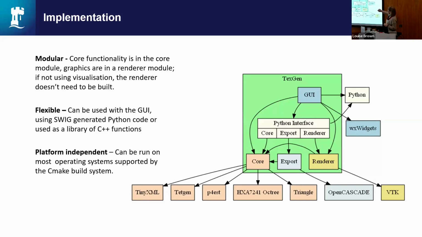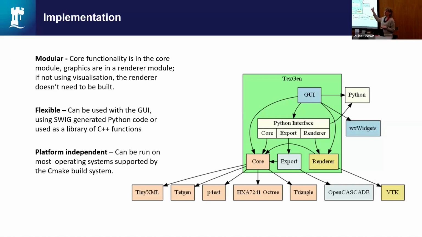The user interface is wxWidgets, and it uses various libraries for things like some of the meshing. The load and save uses XML. Open Cascade enables you to output to STL for systems and stuff, and then VTK for the rendering.